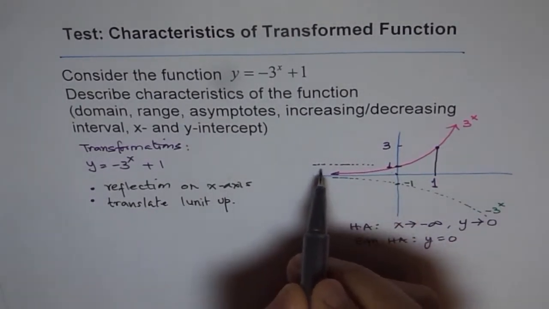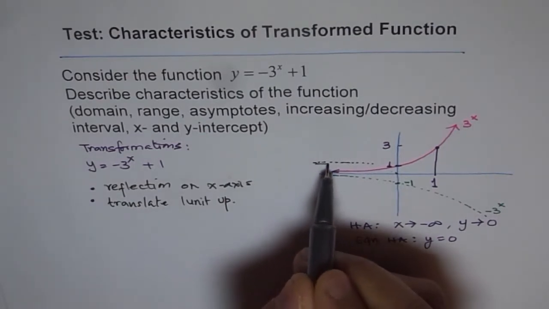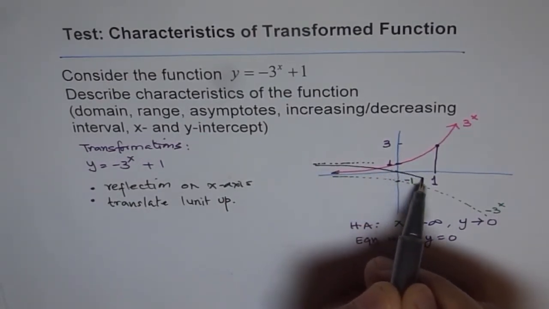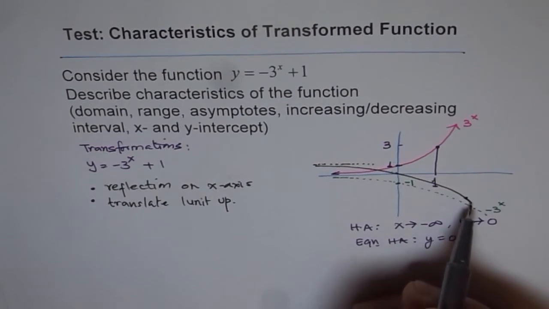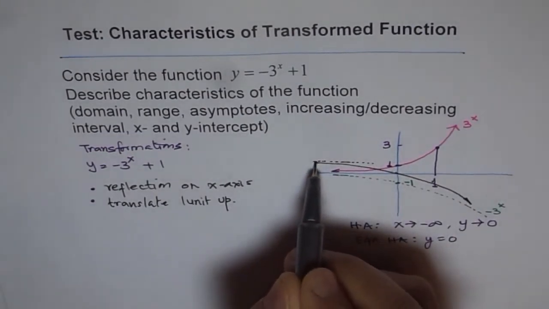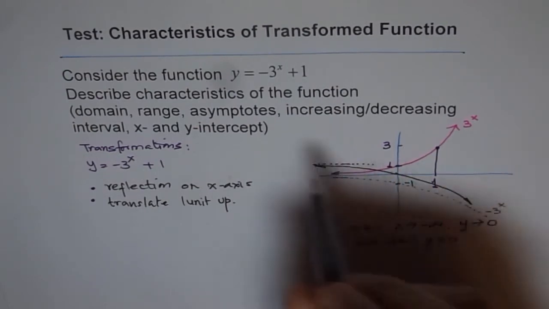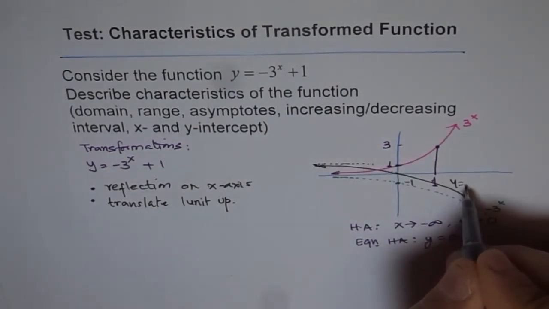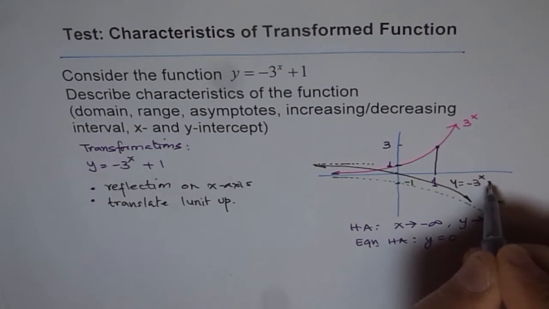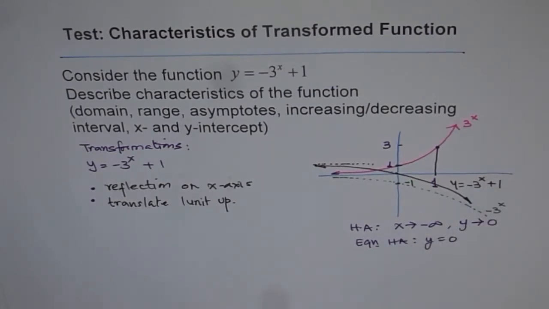And your graph will now be approaching this, going through the origin and kind of like this. Do you understand? So that becomes your function y equals minus 3 to the power of x plus 1. That is how your function is going to be. Now from this function you can write all the characteristics.